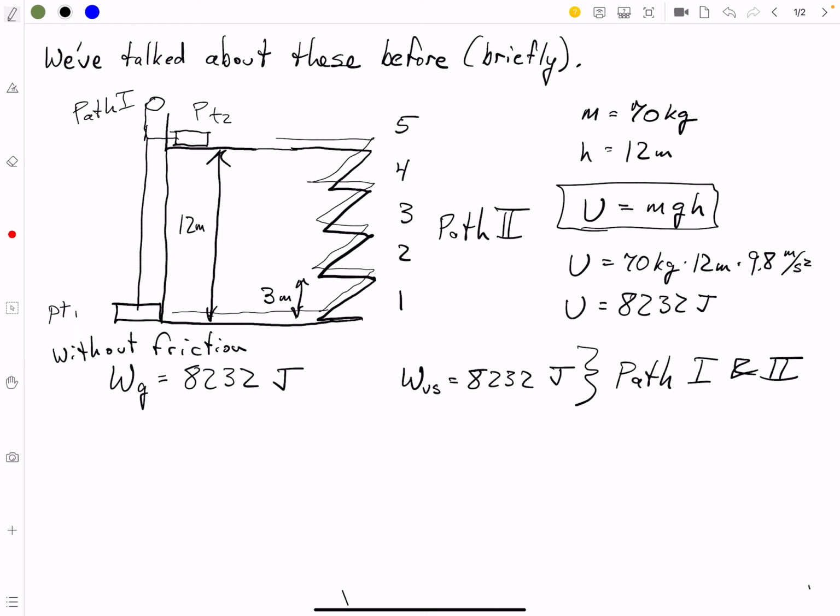Now, let's add friction. So with friction, what are we going to do? Well, what would you rather do in a world with friction? In other words, the world in which we live. Would you rather hoist it up on a pulley system and swing it in through the window?